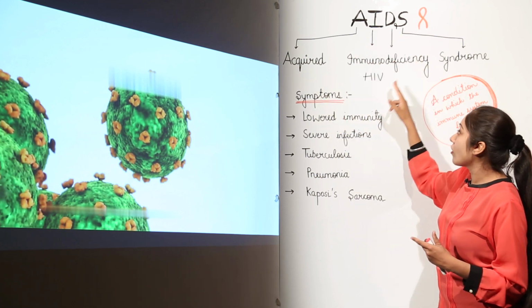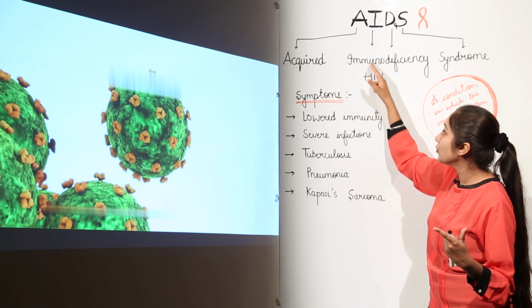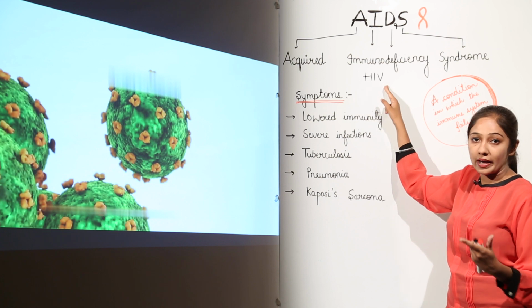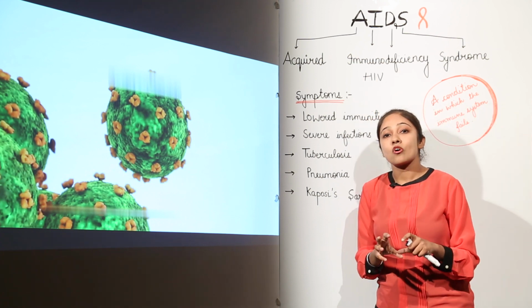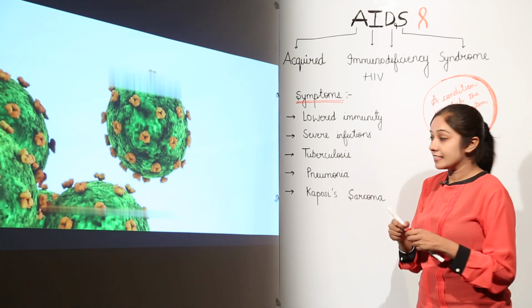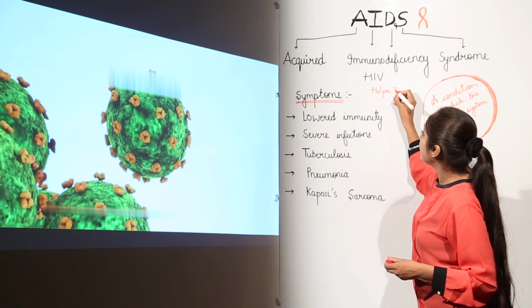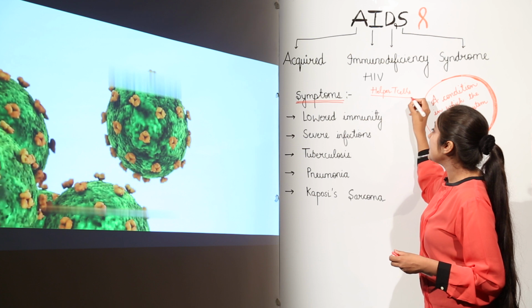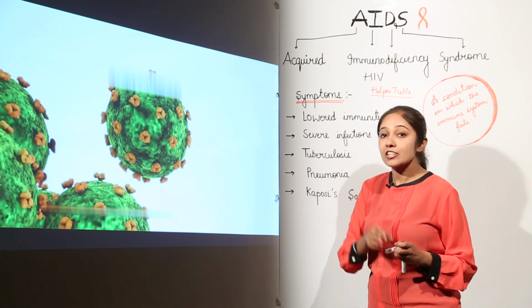So AIDS is caused by a viral infection, and that virus is HIV, human immunodeficiency virus, in which this virus attacks special cells of your immune system, and those cells are helper T cells. Now what do these helper T cells do? Helper T cells are very special cells of your immune system, of your defense mechanism that is naturally in your body.